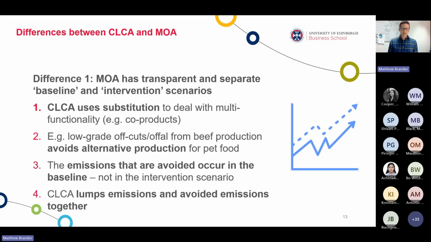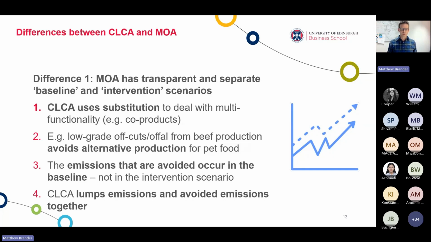And to give a simple example of that, if you're looking at the decision to consume more beef, then that decision will cause an increase in the supply of co-products like low-grade offcuts or offal. And those co-products can be used for a number of things, but one of the things they can substitute for is primary production of other inputs for pet food.